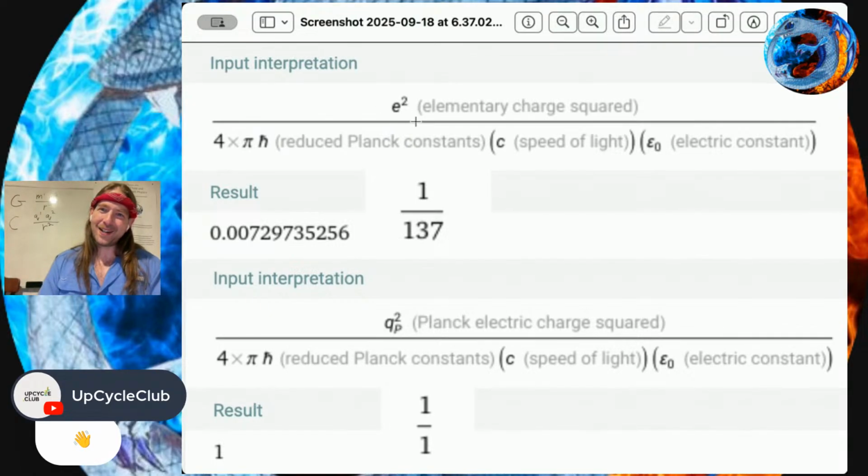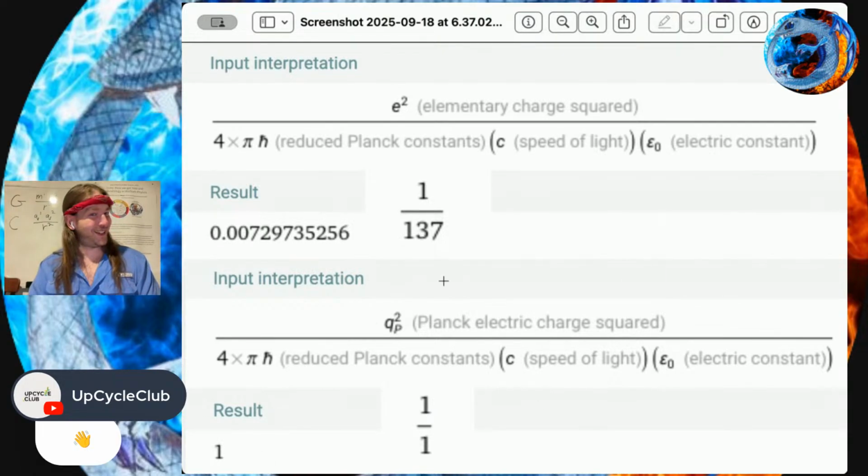Basically, if you swap out that elementary charge squared and you put in Planck charge squared, it comes out to 1 over 1, which is 1. For those that just want the answer, it's because this whole thing is actually the Planck charge squared. But that's the strength of the strong force, 1.